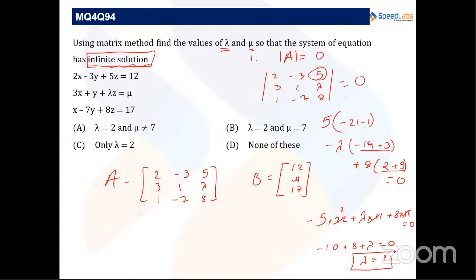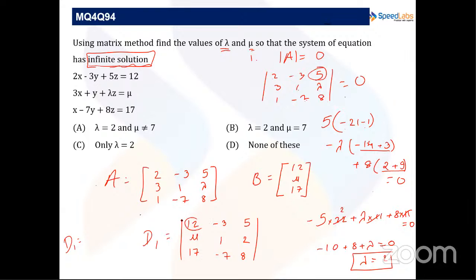Now let's move for any one quantity, let's say D1. D1 we will be having [12, mu, 17; -3, 5; and 1]. In place of lambda we are having 2, -7, 8. So let's find the value of D1.